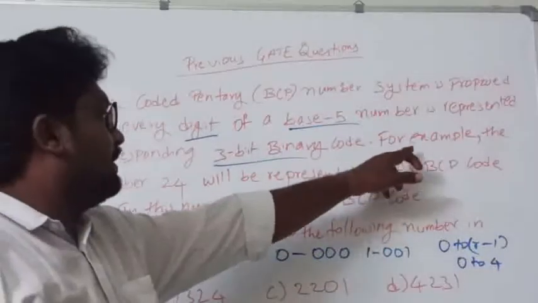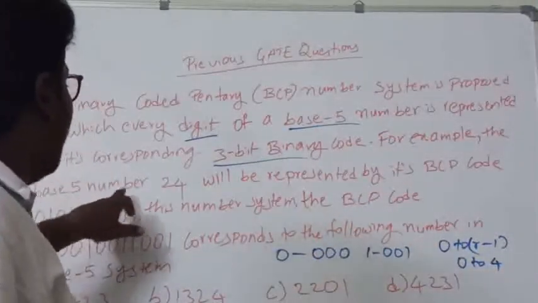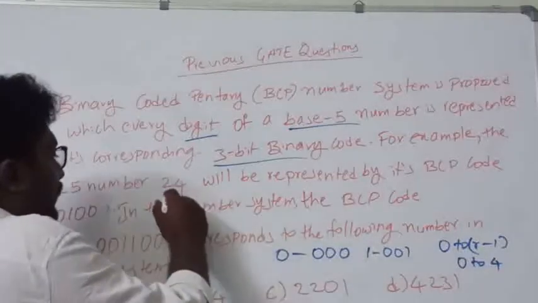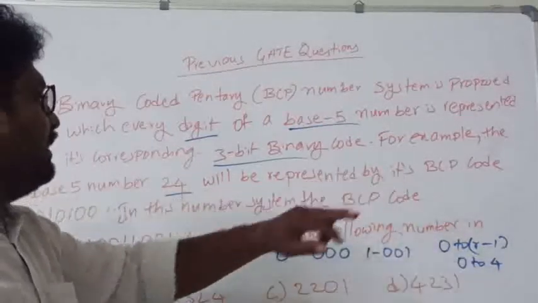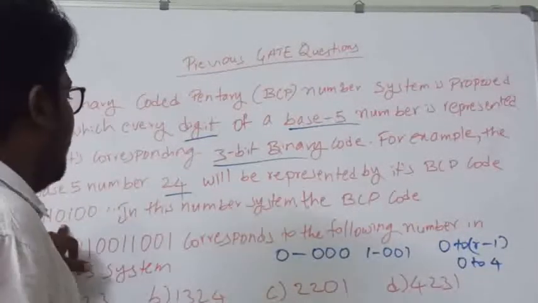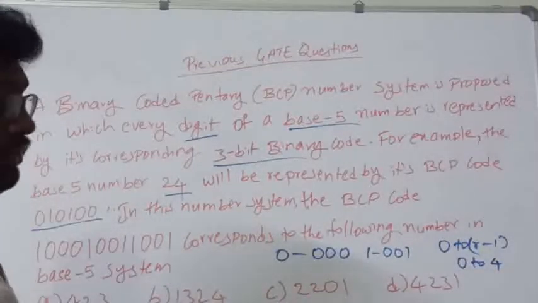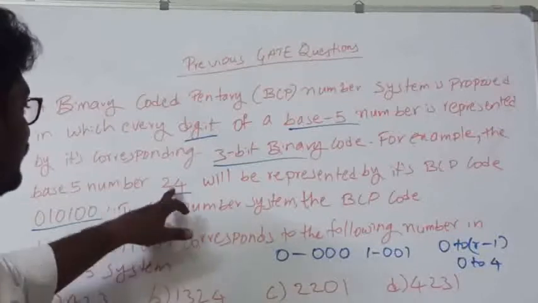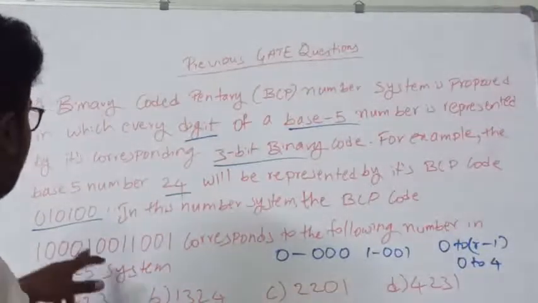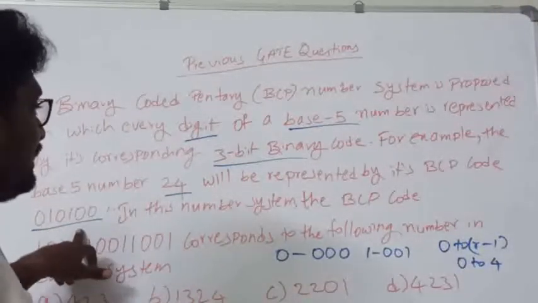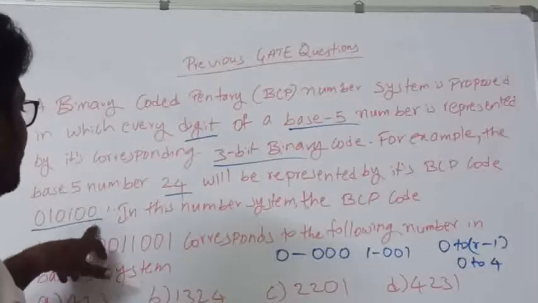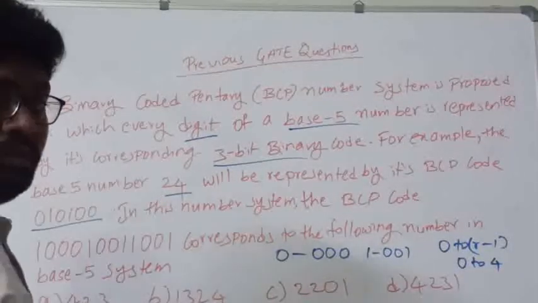Also they have given an example: the base 5 number 24 will be represented by its BCP code as 010100. If we observe here, 24 is represented as 010100, right?